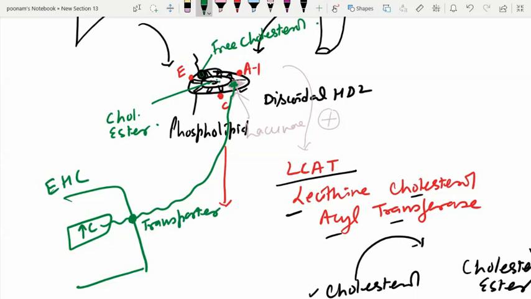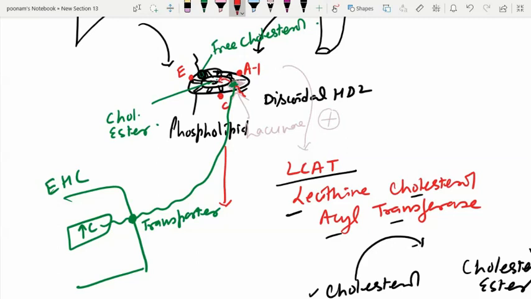So this free cholesterol moves into the lacuna, and this new incoming cholesterol also meets the same fate: by action of LCAT it is again modified to cholesterol ester when one fatty acid tail is attached from lecithin, and this cholesterol ester again moves to the core, recreating the lacuna.